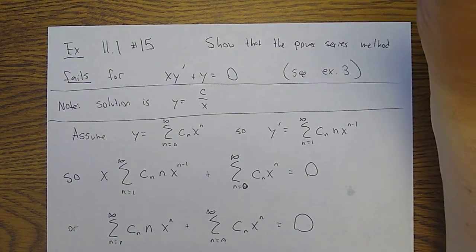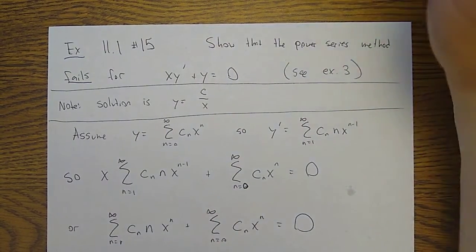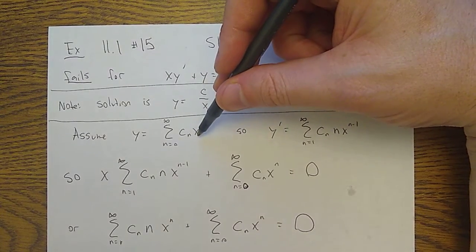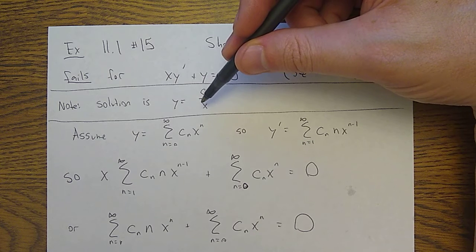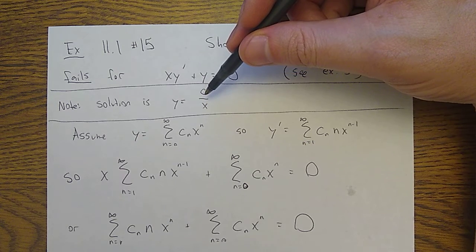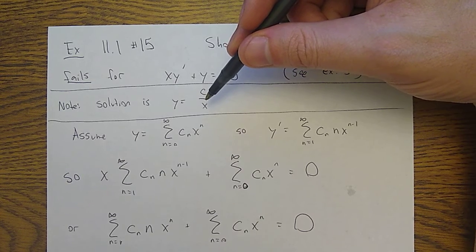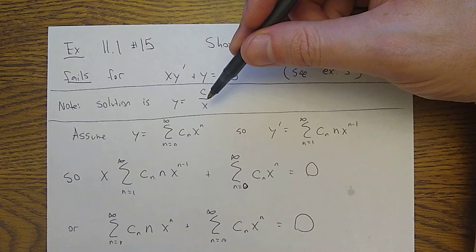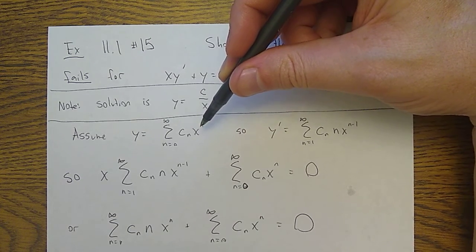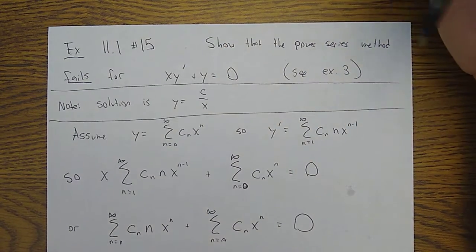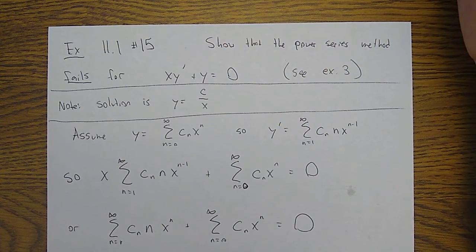But these can be centered anywhere, and the problem is, if we're centering this at 0, the general solutions have a very serious issue when x equals 0. These general solutions have a vertical asymptote at x equals 0. It's undefined at x equals 0. So looking for a power series that's centered at a value where the solutions to the differential equation are undefined is a bad idea.